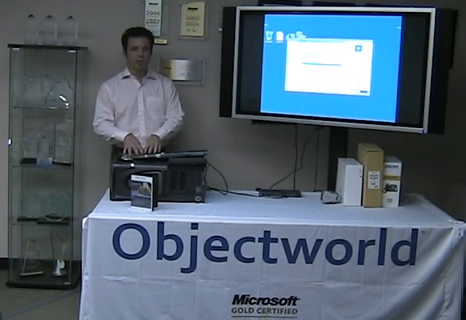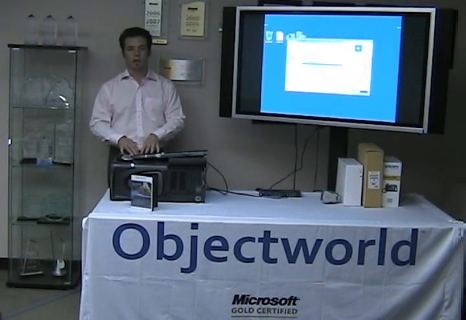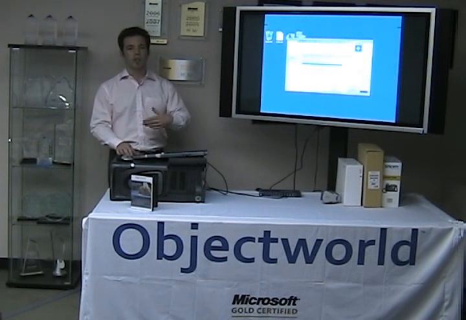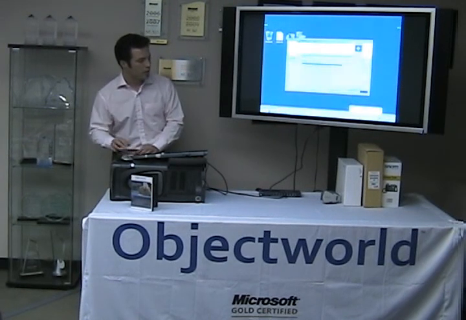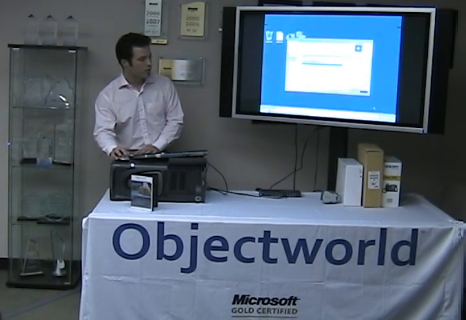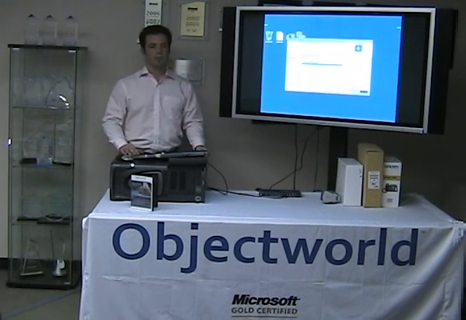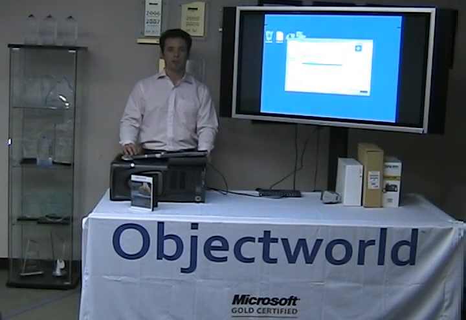So as far as the operating system preparation and deployment is concerned, I had to do a couple things, not too many. I started from scratch, so I installed SBS 2008. Exchange Server is automatically installed as part of that. I created an Active Directory user account for the application server. That's going to be the service account we associate with the application server.